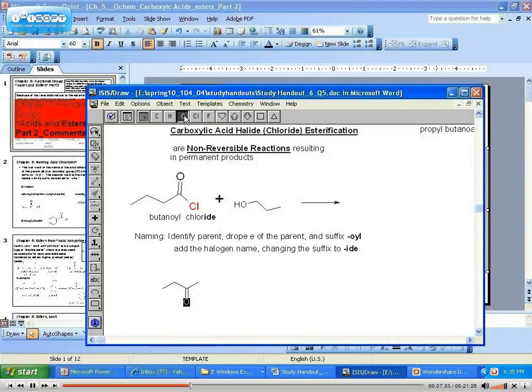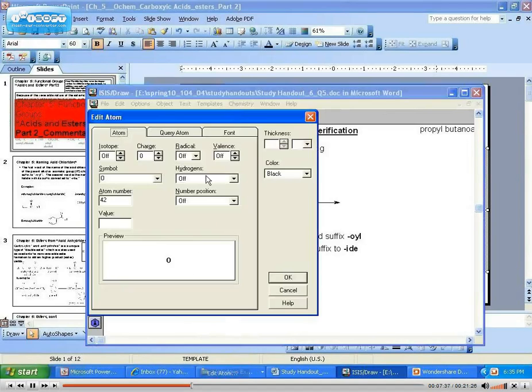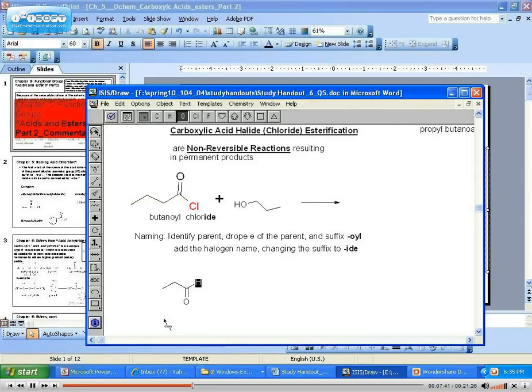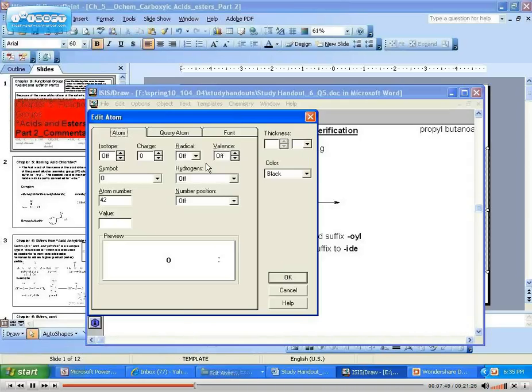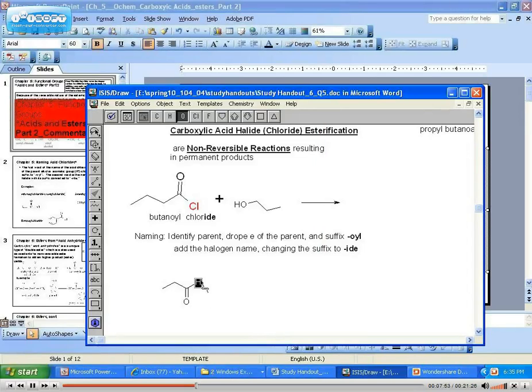I'll change this oxygen we see here, and I'll add in my hydrogen. So originally it was, in this case right here, add in my oxygen. There we go. Then I'll edit this, add in a hydrogen.